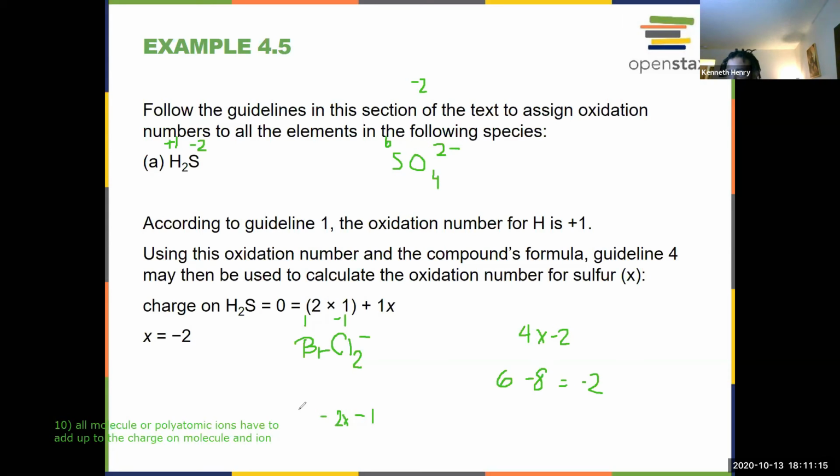And we'll put, say, Y for whatever the charge is on bromine. So 2 times -1, and we want it to equal a -1. So what does Y have to be?